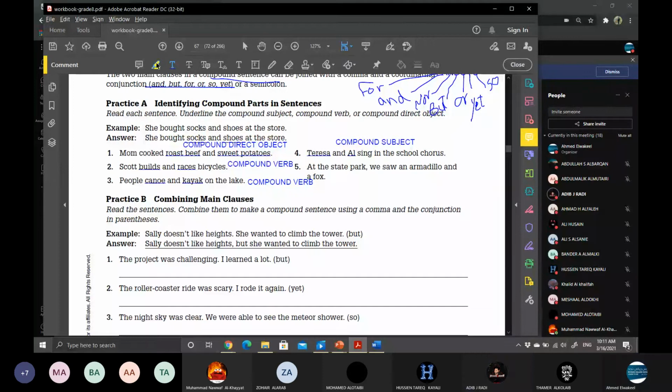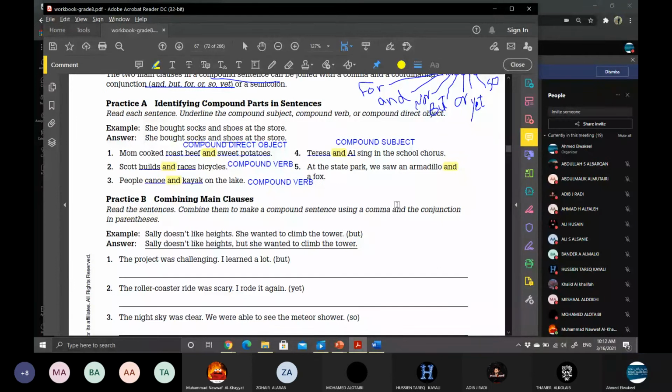Simply, to know about the compound part, you will always find and. If you have a compound subject, compound verb, or compound direct object, search for and.